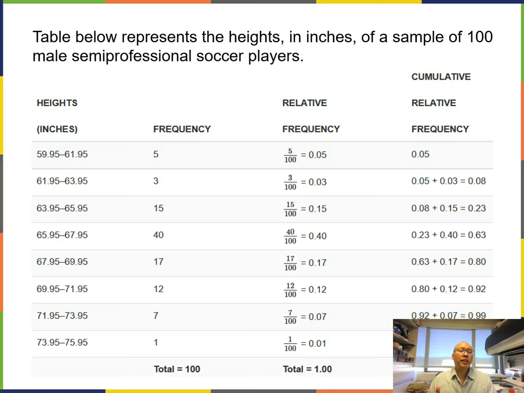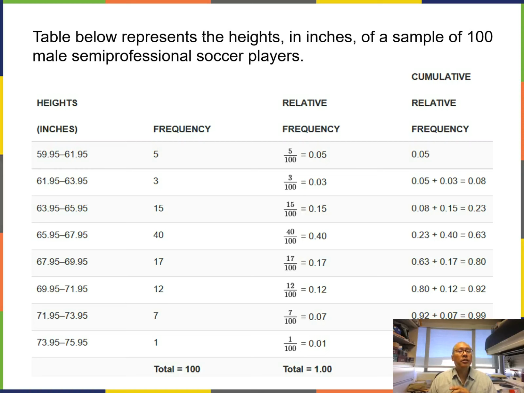So between 59.95 and 61.95, there are 5 players that have that height. So your height is between them. And then there are 3 soccer players that have a height between 61.95 and 63.95.